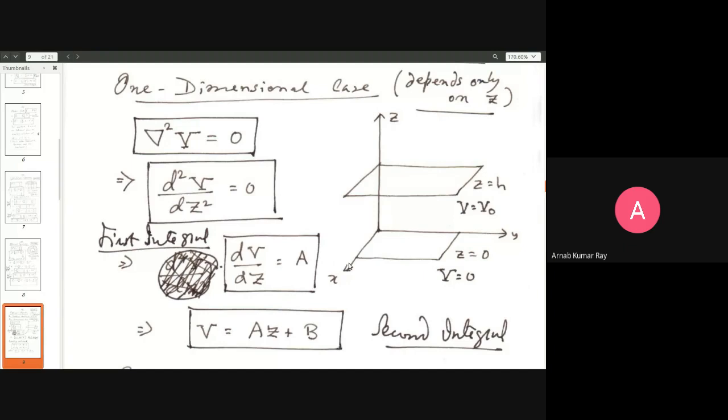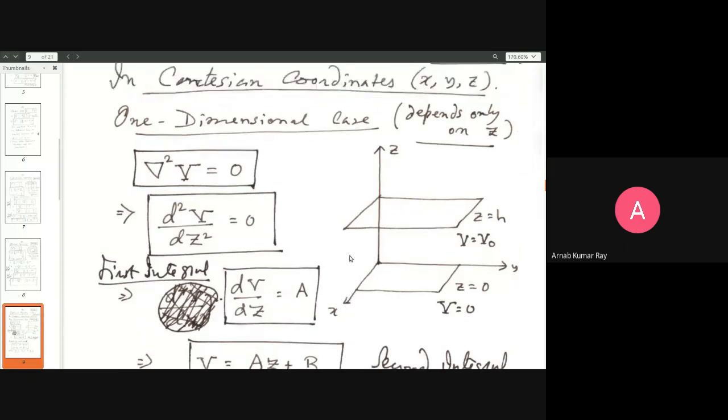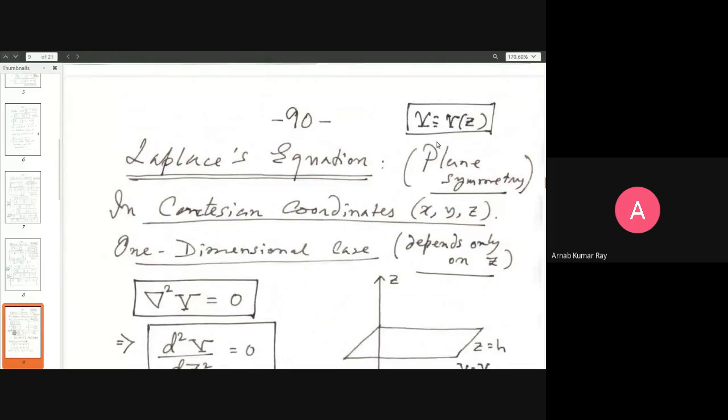Some of your numerical problems, which will come in due course, will involve using boundary conditions to find solutions. So please try to understand the principle of how you apply boundary conditions. Let me just briefly revise some of these ideas once again, because today we shall begin more complicated discussions involving the cylindrical and spherical symmetries.